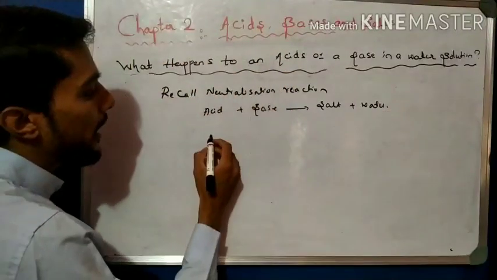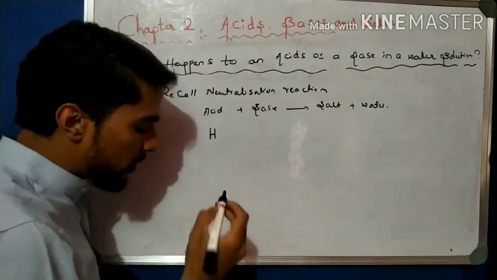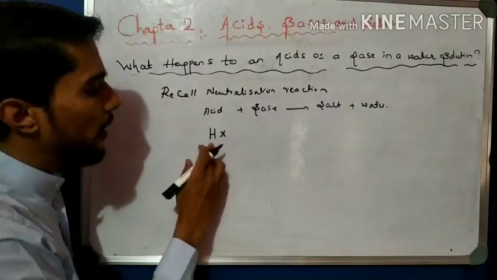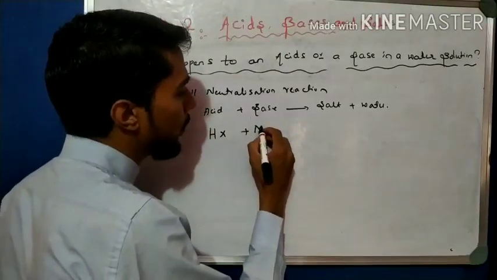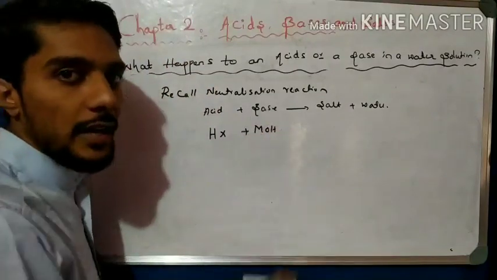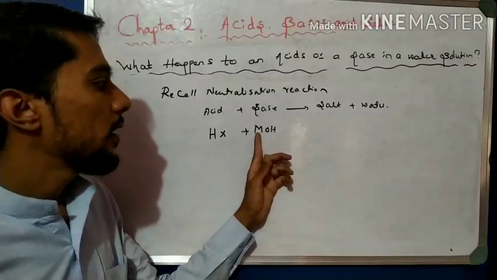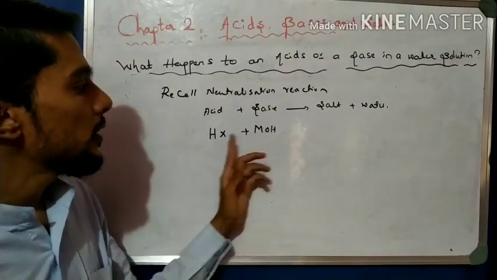Understand here: I take the acid as HX, maybe H2SO4, maybe HCl, maybe HNO3. And I take the base as M OH, where M may be sodium, potassium, calcium or magnesium, a metal, with OH minus ions.